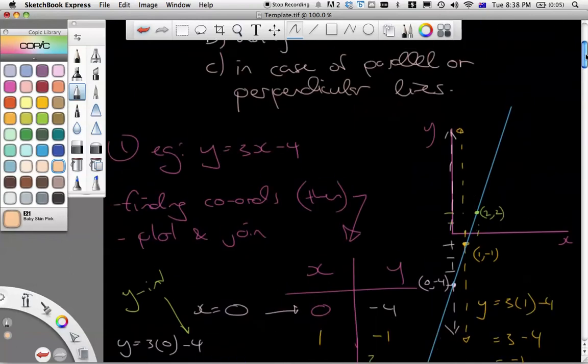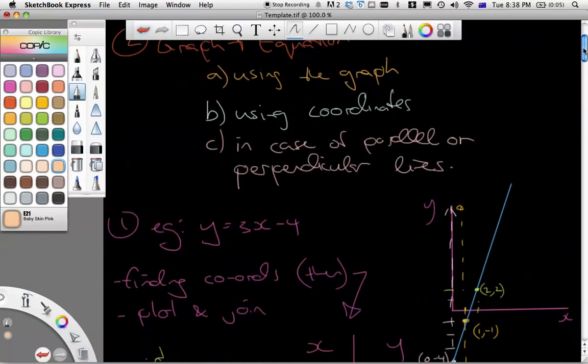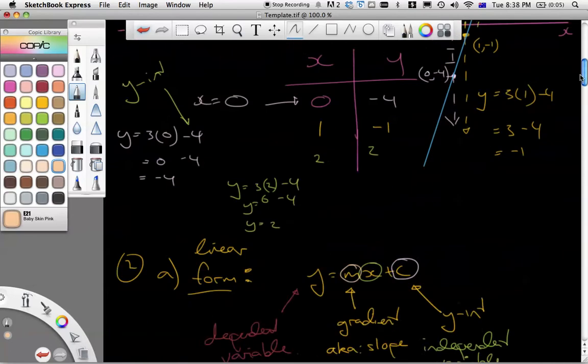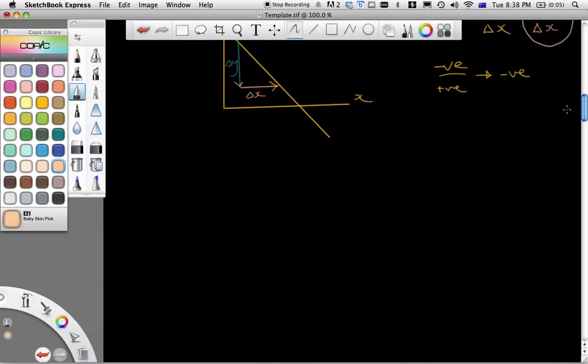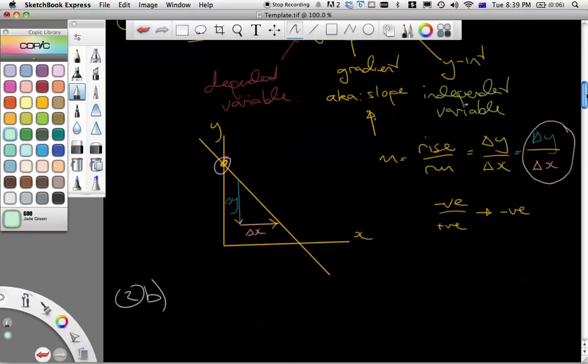So A is form. Next we could find an equation using coordinates. So 2b. So let's think about some coordinates. Well, let's use some coordinates from our first example, shall we?